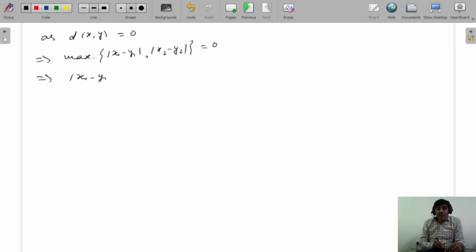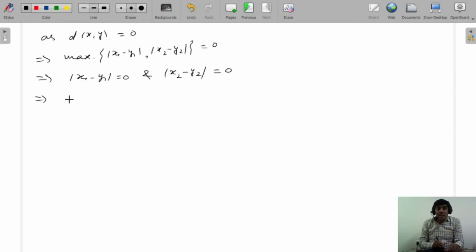This implies modulus of x1 minus y1 is equal to 0 and modulus of x2 minus y2 is also equal to 0, because modulus quantity is always non-negative and their maximum value is equal to 0. Therefore, modulus of x1 minus y1 and modulus of x2 minus y2 both are equal to 0 separately.